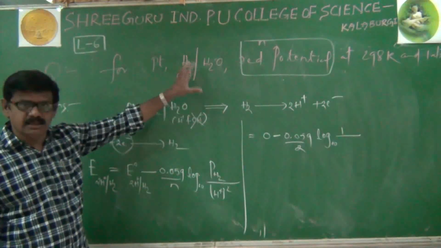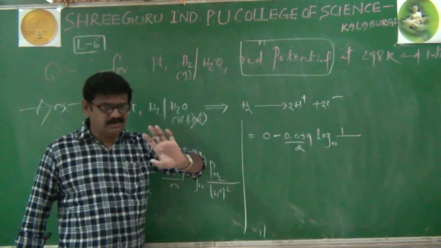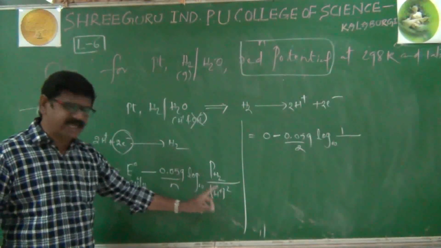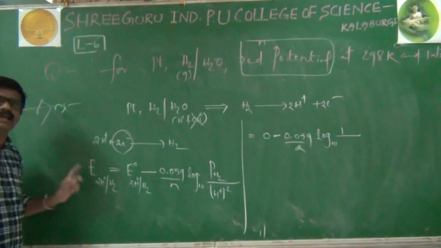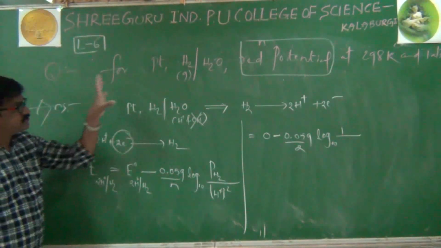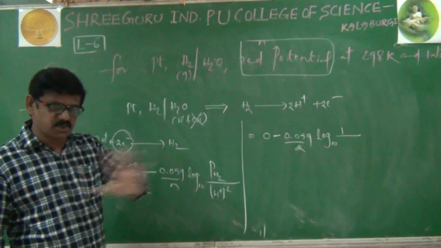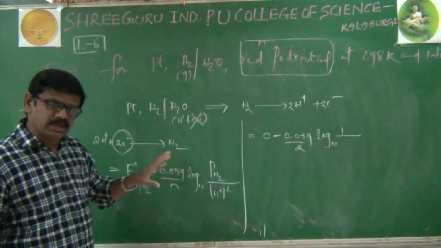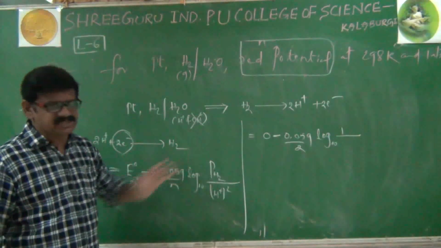In the question, H plus information is not at all given. Without H plus we cannot calculate the electrode potential of hydrogen. If you observe the question, there is no H plus mentioned. Then in this case, how to get the H plus value?